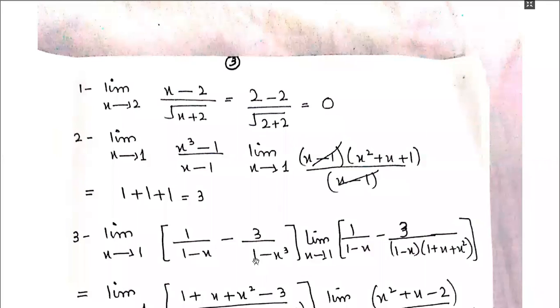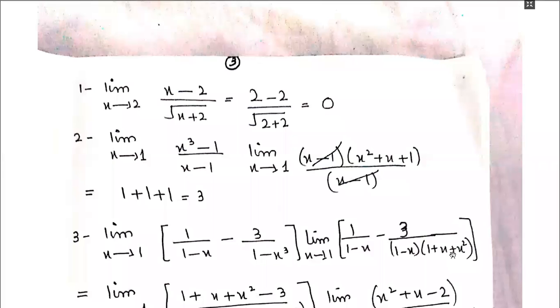Now here 1 minus x is only a linear expression, no need to work out further. Here is 1 minus x cube. Try to find the factors of 1 minus x cube. The factors of 1 minus x cube are (1 minus x) and (1 plus x plus x square). Okay, now take the LCM.